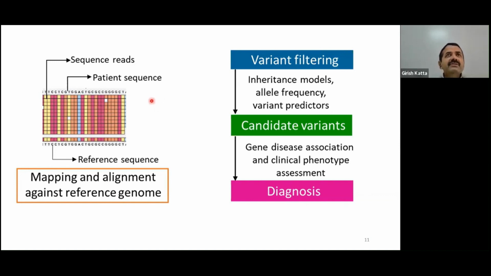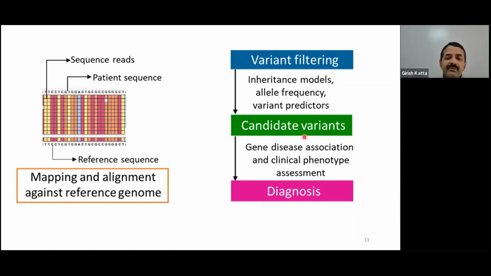If you do exome sequencing, we get nearly 50,000 variants. Out of 50,000 variants, you need to filter or prioritize one variant in a gene which is responsible for the disease. This is done based on inheritance model, allele frequency, and variant predictors.